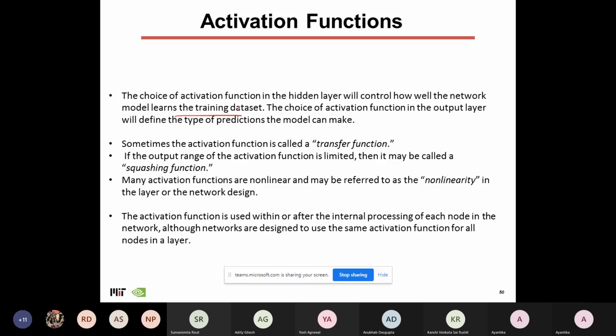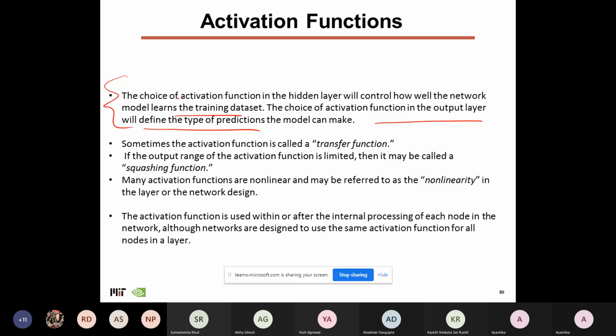The choice of activation function in the output layer will define the type of predictions. As I told, it is based on your application, what output you want from your model. Based on that, you choose the activation functions you will use in your model.